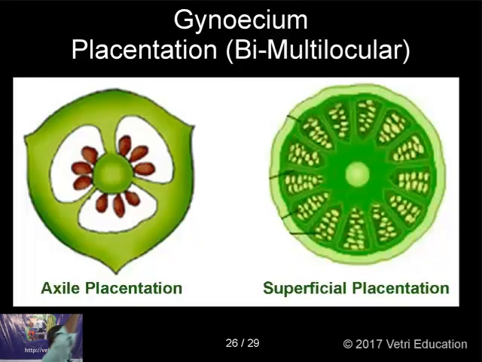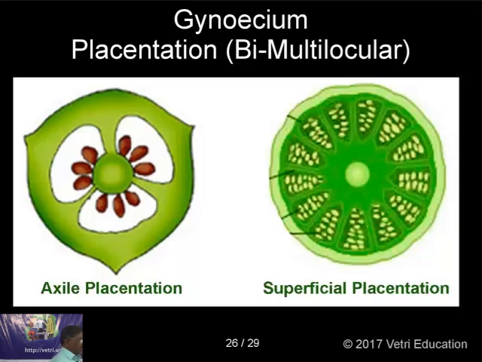Now you see the first one, the axial placentation. Here 3 locules are given only for diagrammatic purposes, and more than 3 locules are also found. The ovules are attached on the central axis, with partitions and locules. With 3 carpels you find 3 locules, and with 5 carpels, 5 rooms. Here is the superficial placentation: on the inner walls of the carpel, the ovules are attached.